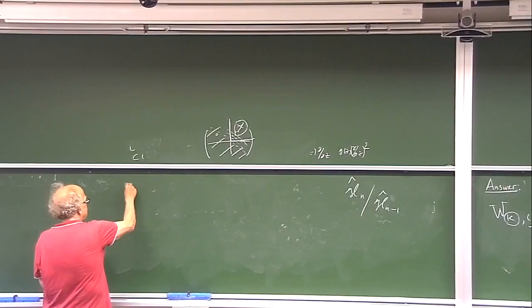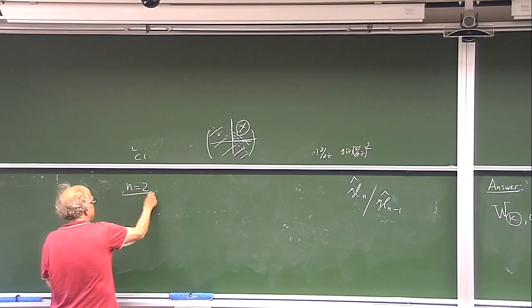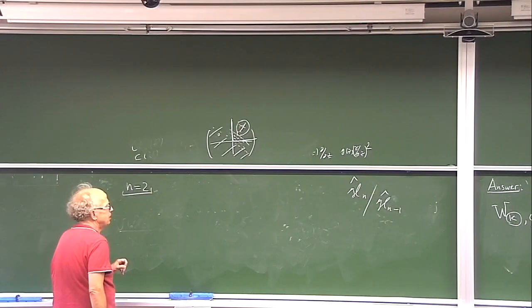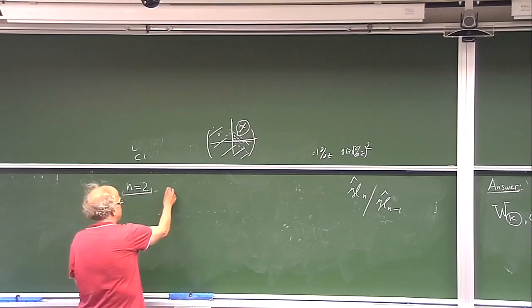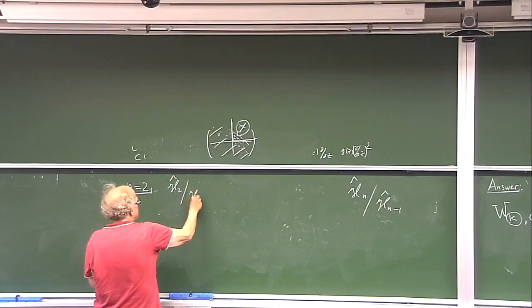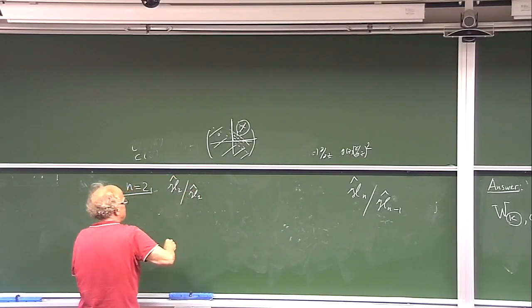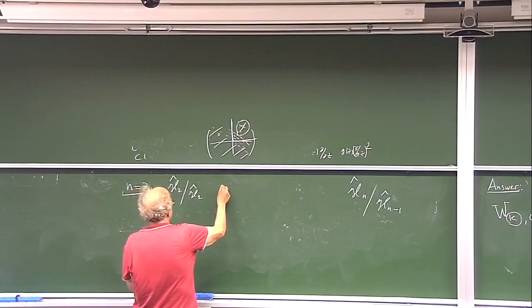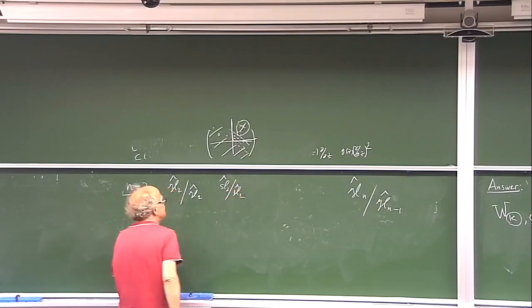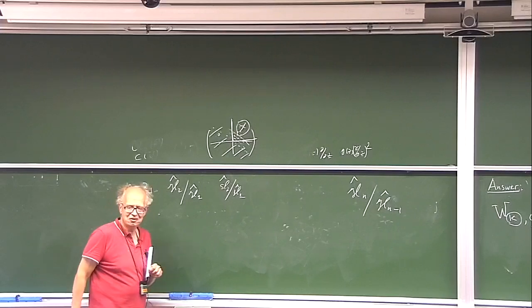Suppose n equals 2. If you have this coset, it means you take GL2 hat over GL1 hat, which is the same as SL2 hat over SL1 hat, which is more or less nothing.